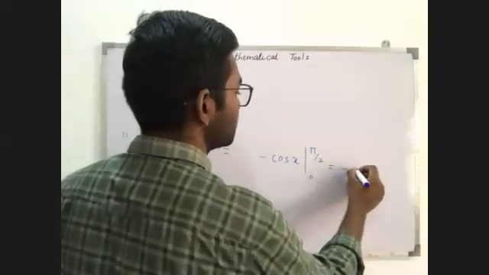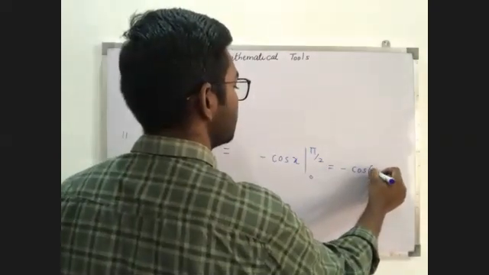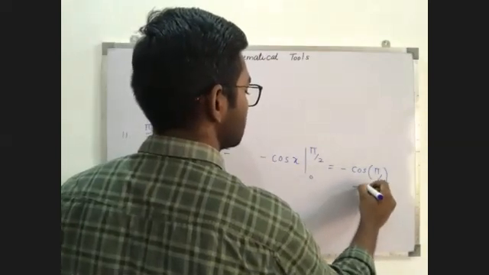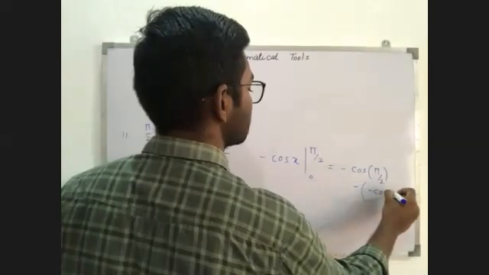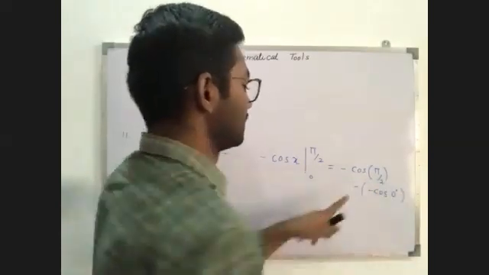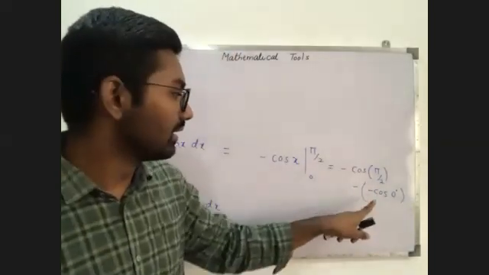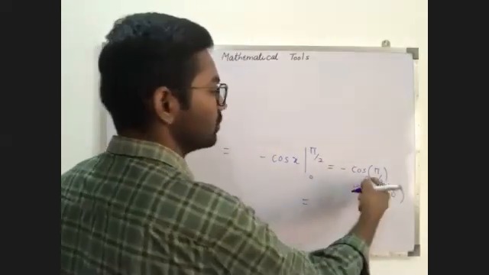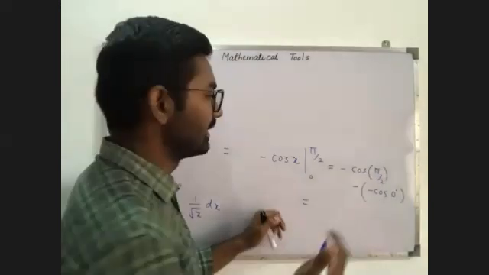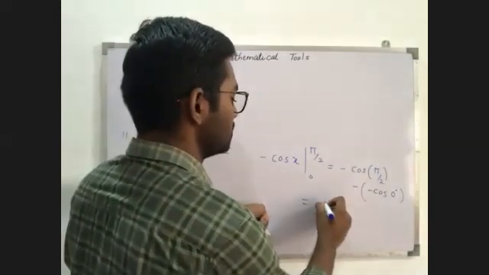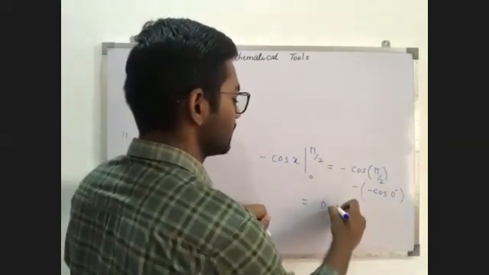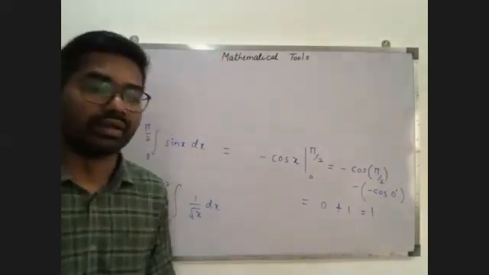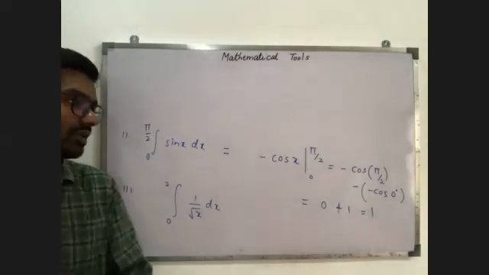So minus cos pi by 2 minus cos 0. This minus is from the formula and this minus because it is here. Cos pi by 2 means cos 90, that is 0. So 0 minus minus becomes plus, cos 0 is nothing but 1. So the answer is 1. Is it clear to everyone? Second one.